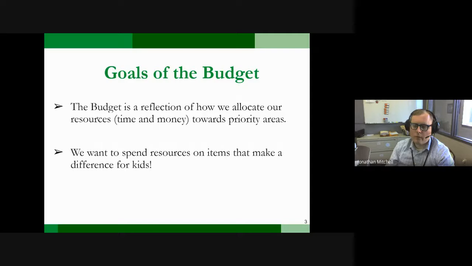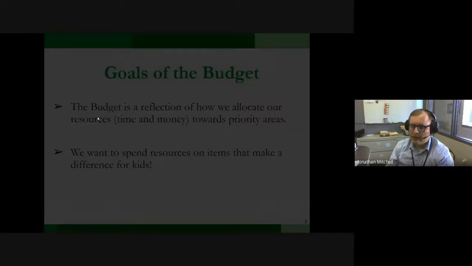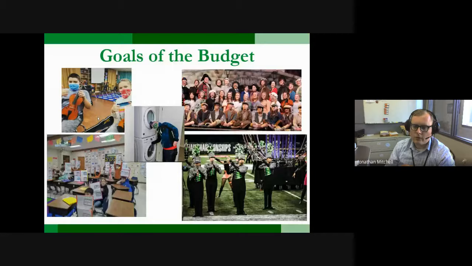So the goals of the budget is a reflection of how we're allocating resources, our time and money towards priority areas. And it's important that we're making a difference for kids and how that money is aligned. And so we have some visuals of the work in action.